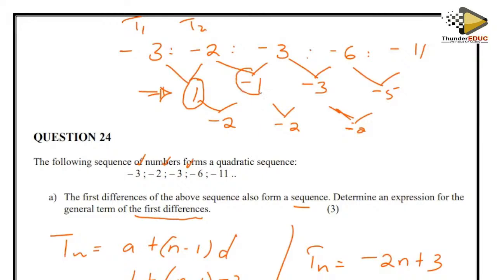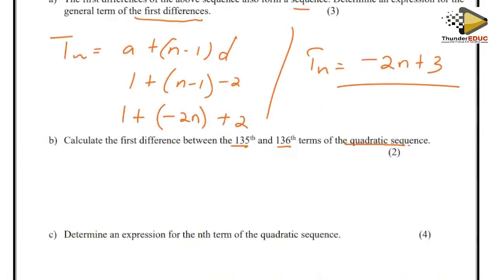The second term is between T2 and T3. The third term is between T3 and T4. Now, if the question wants the first difference between 135 and 136, they want us to determine the T135 of the first difference.